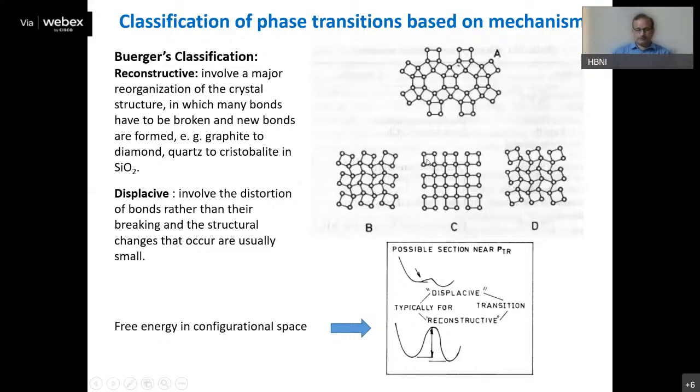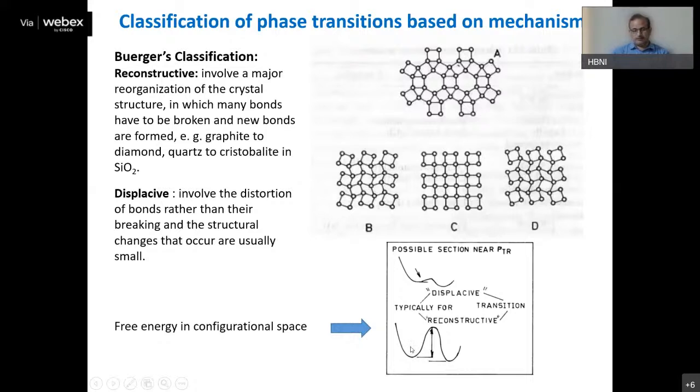So energetically, because here you have to break several bonds and form new bonds, there should be a large barrier in the configurational space of free energy. So this is a cartoon to just show how free energy should change in the configurational space across the phase transition. So this may be the initial phase, this may be the final phase, which has now become stable.